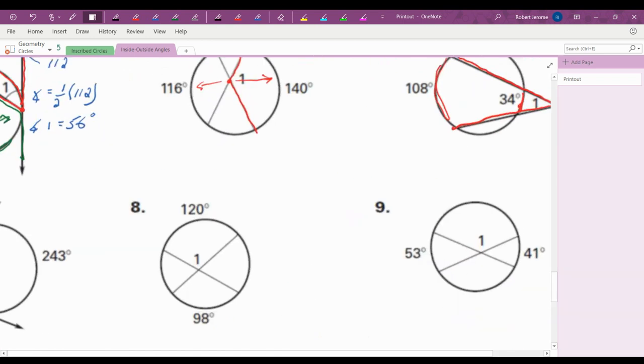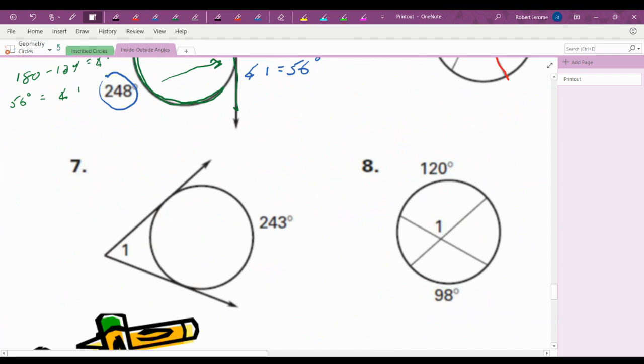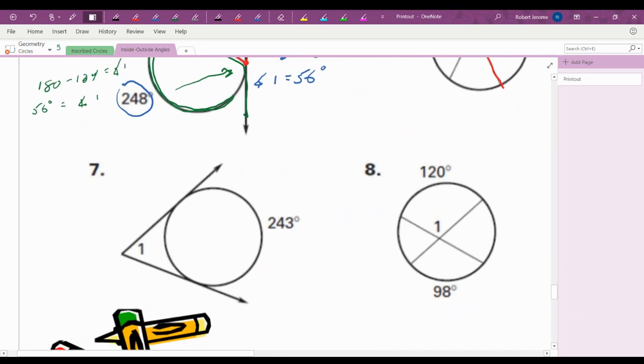Let's look at one more here. Looking at number 7, again, find the angle. It's on the outside. So we need its arc and its little arc and its big arc. So look what happened here. Look at this example where we have tangents. So we touch the circle in those two spots.